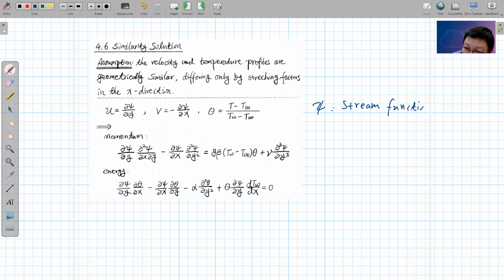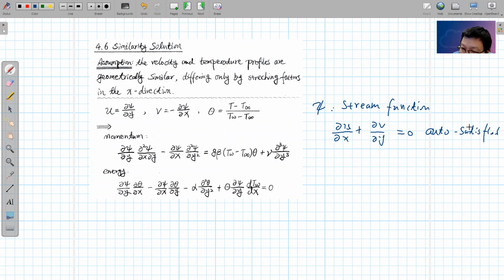The reason we want to use this stream function is that after you define u equal to partial phi over partial y, and v equal to minus partial phi over partial x, your continuity equation, partial u over partial x plus partial v over partial y equal to 0, is automatically satisfied.